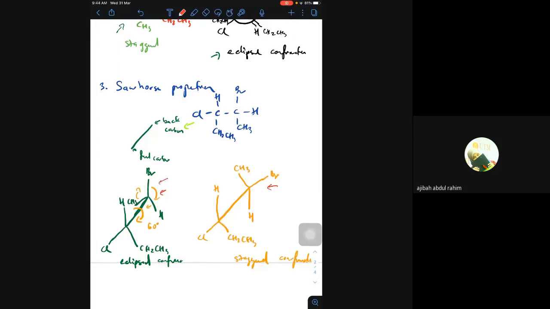If you notice, the carbon here is not shown, but sometimes it will be drawn as well. It depends on the example or reference that you see. Sometimes the carbon is shown, but most of the time it will be in this stick shape, where these two are the carbon or the chiral center.